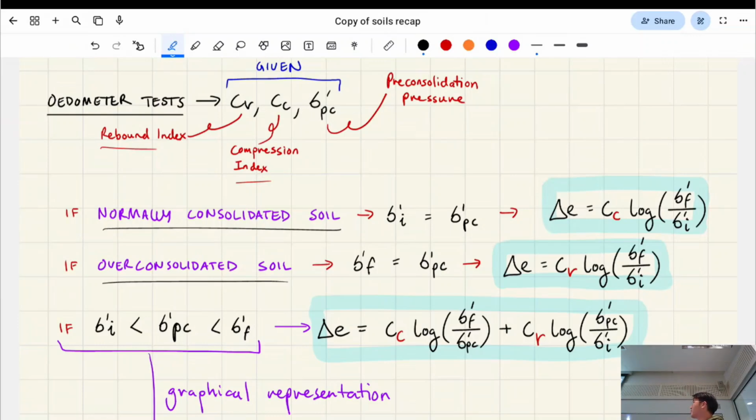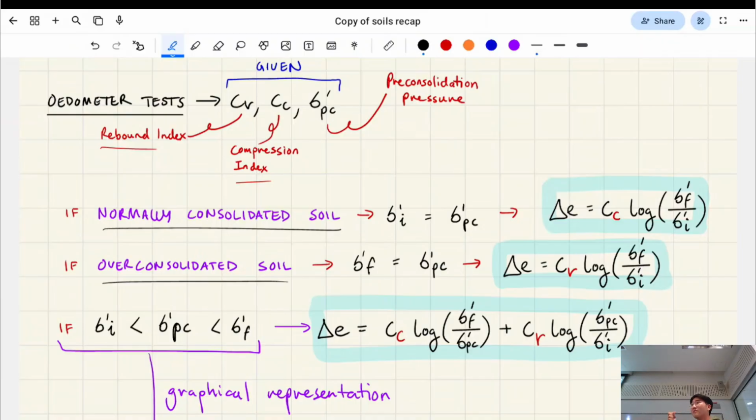Normally consolidated soil means the soil is experiencing the highest stress that it's ever experienced at the moment. So it hasn't previously been stressed any further than it is now. You can call this virgin soil, out in nature, usually that's normally consolidated soil.